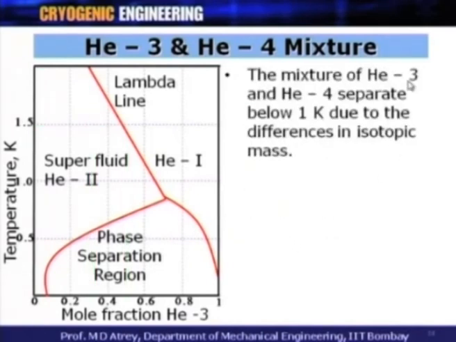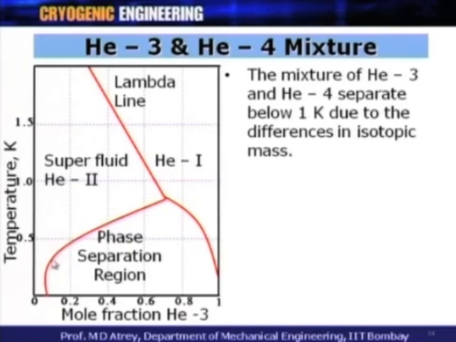The mixture of helium 3 and helium 4 separates below 1 Kelvin due to differences in isotopic mass. The masses are different, and because of the typical behavior of this mixture, as I come down below 1 Kelvin, typically around 0.87 or 0.8 Kelvin, suddenly you find a separation of helium 3 and helium 4.